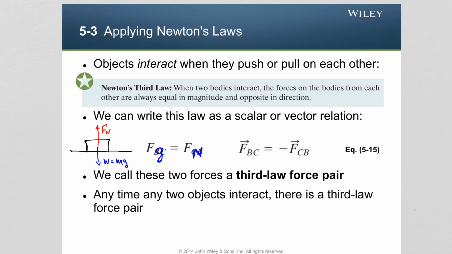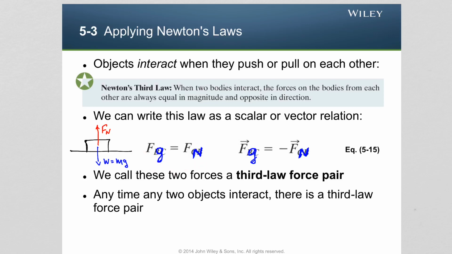By magnitude, the two forces are equal to each other. As vectors, the two forces are opposite to each other. So the force of gravity is equal to minus the normal force as vectors. But again, by magnitude, they are equal to each other.